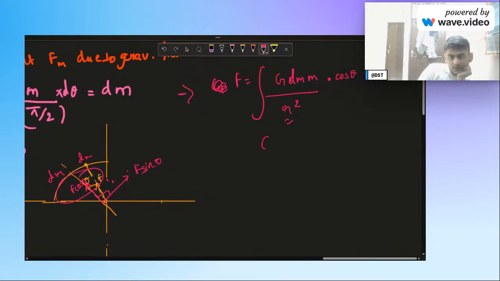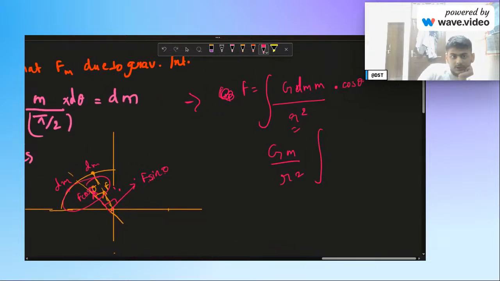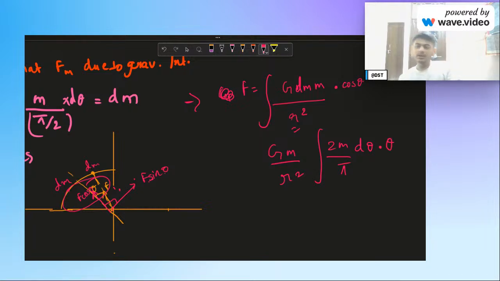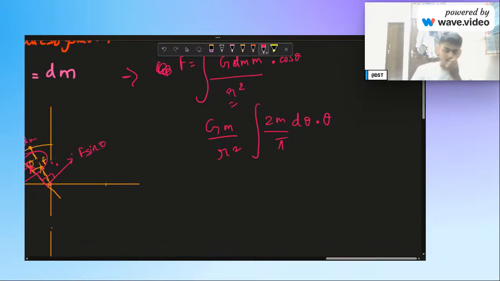Now G m upon r square into the integration of 2m by pi d theta cos theta. Now this integration, d theta cos theta.